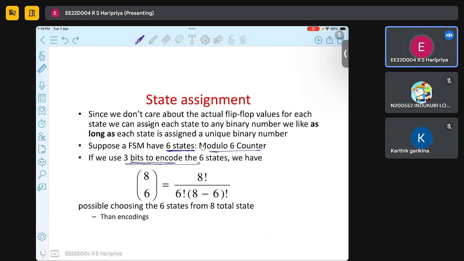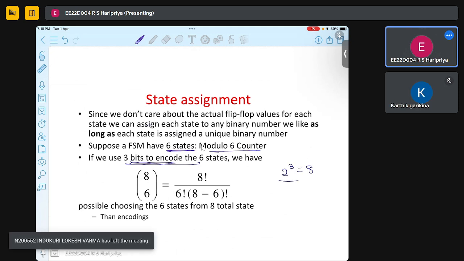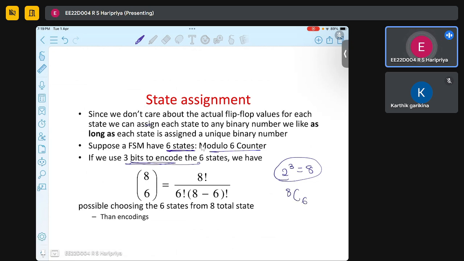First of all, 2 to the power 3 gives us 8 codes. Out of 8 codes, we want only 6 to be encoded.